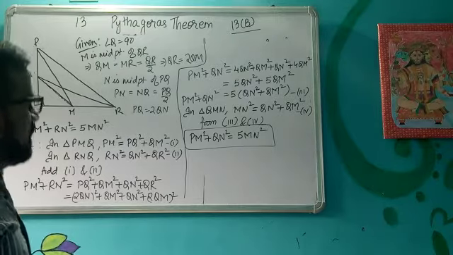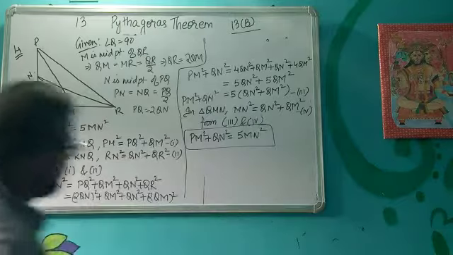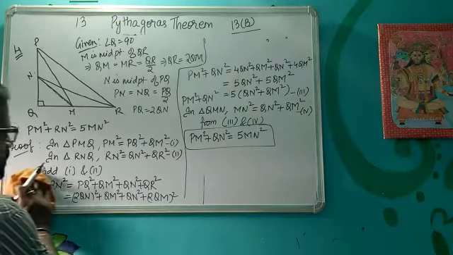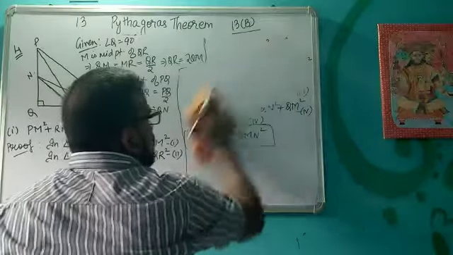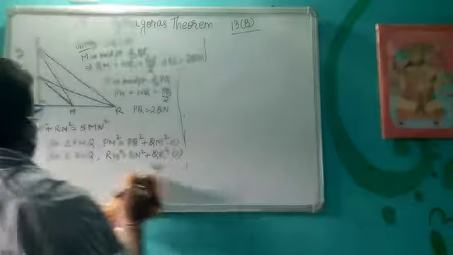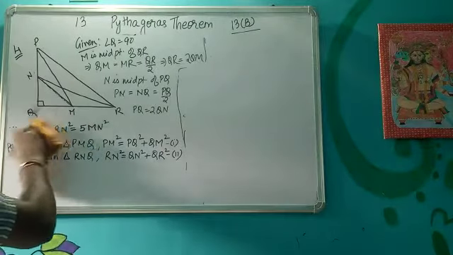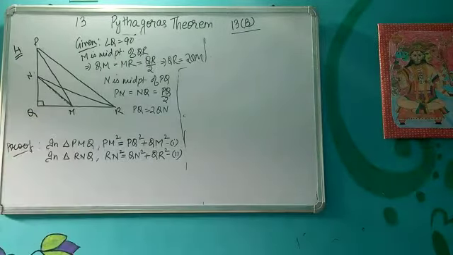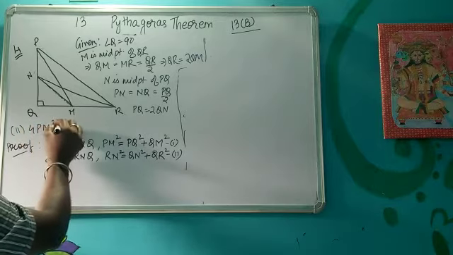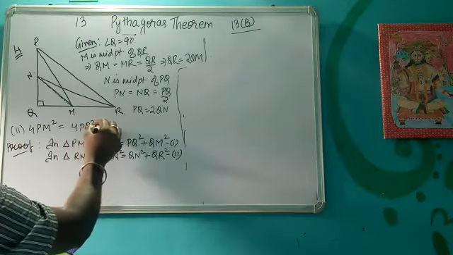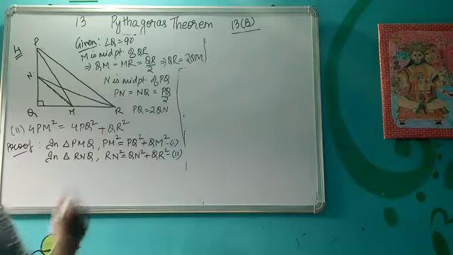Okay, then for the second part, what we need to prove is 4 PM square is equal to 4 PQ square plus QR square.